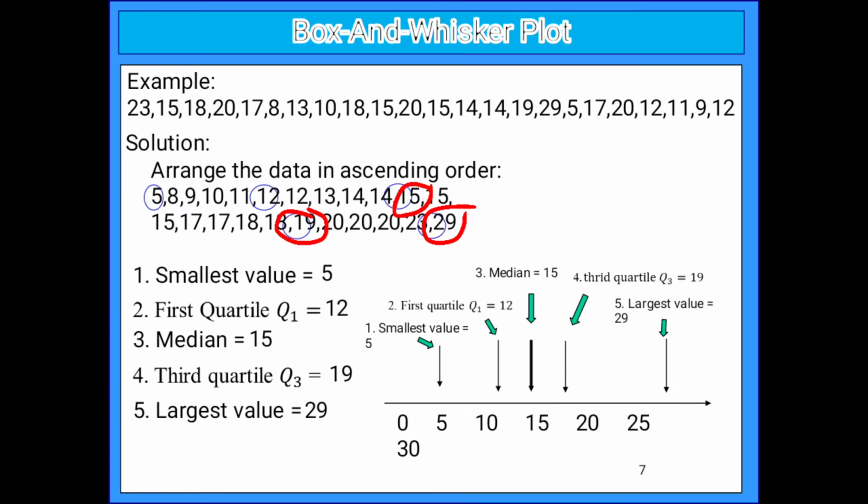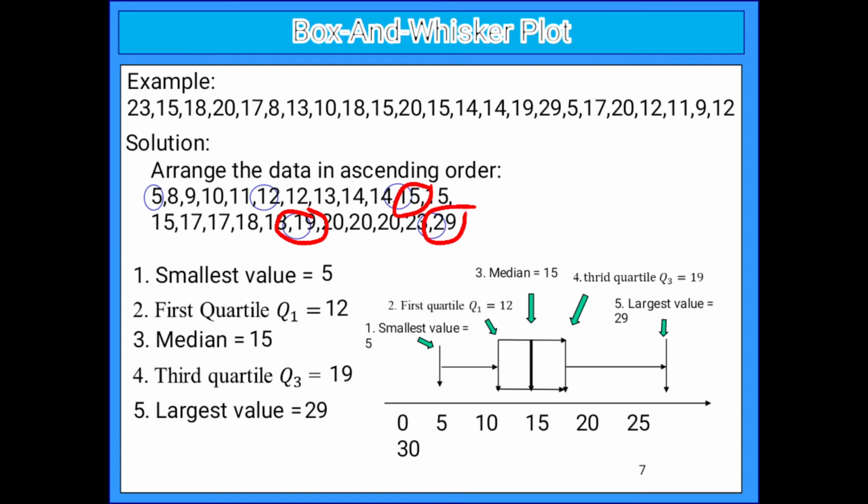After that, draw a box between the first quartile, median, and the third quartile. Right? So we have the box here now, and draw a whisker on the left side and the right side of the box.